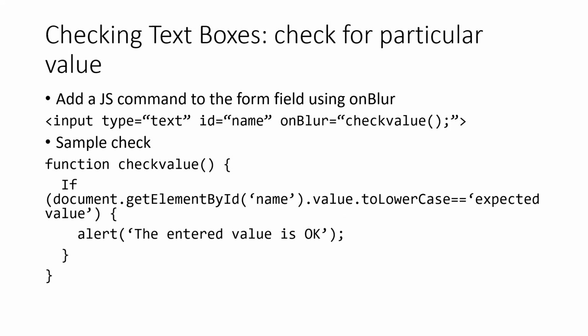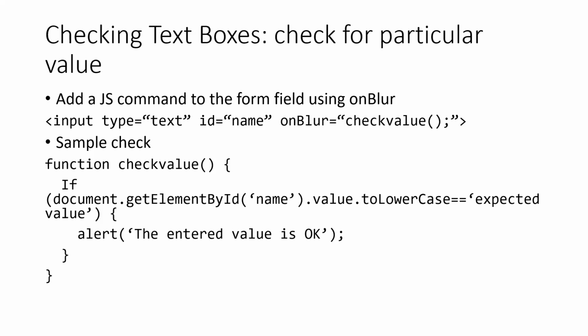Next, look at the text boxes, right? And let's look at a particular value. Let's say again, when you lose focus, we are going to look at check value. Now again, let's say we expect some value there, right?